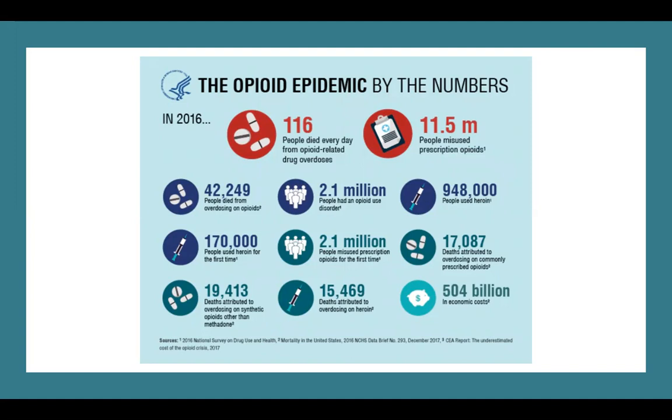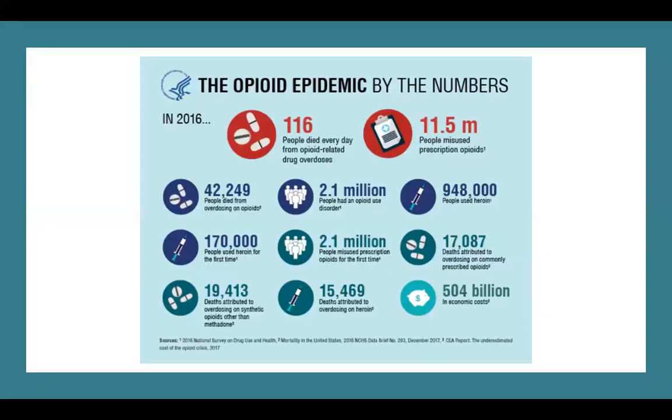The opioid epidemic is highlighted here, but I added addiction because of other drugs, alcohol, alcoholism, and methamphetamines. Those don't have such a high death rate, but there's an increased risk for abuse and neglect and those types of things.